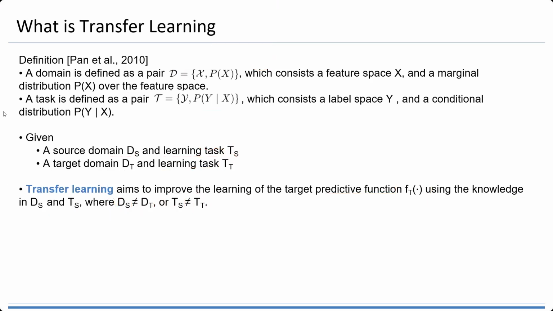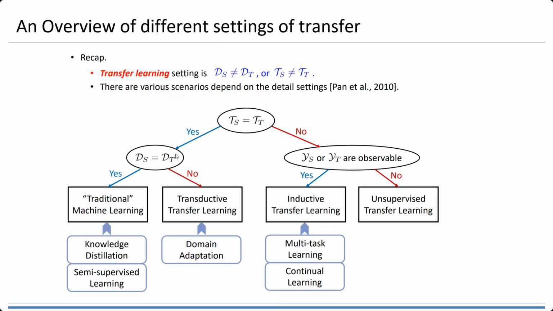So let's see more detail about this one. When you deal with the transfer learning, as I mentioned before, the DS or the domain of the source is not equal to the domain of the target, or the task of the source is not equal with the task on the target.